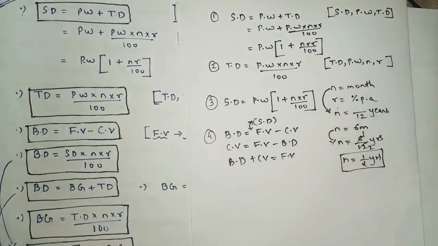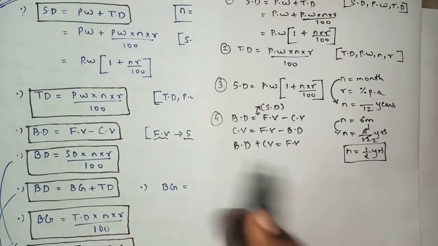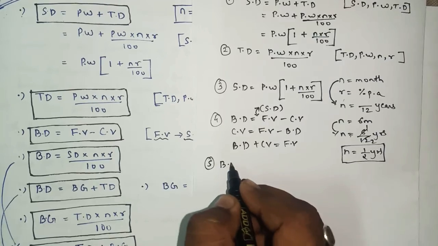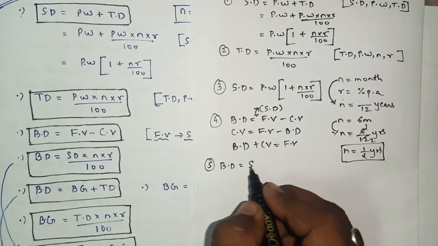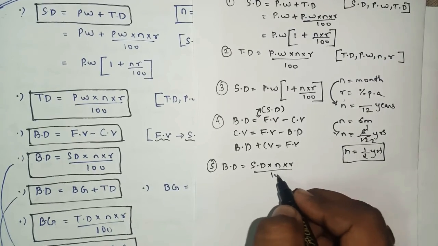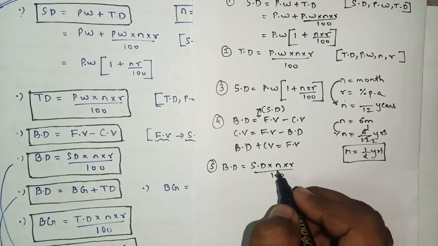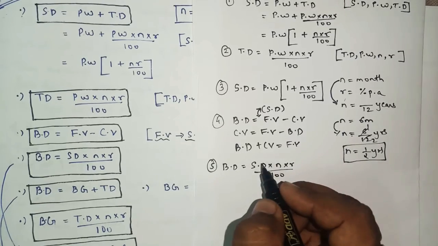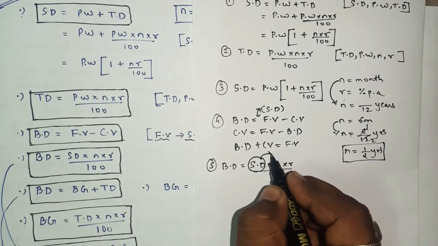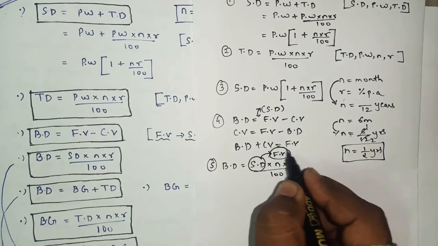Now after that here we have one more formula for BD. This BD formula is with respect to N and R. So whenever you have N and R you will apply this formula, and see to it that sometimes in place of SD you can write FV also. Remember this.